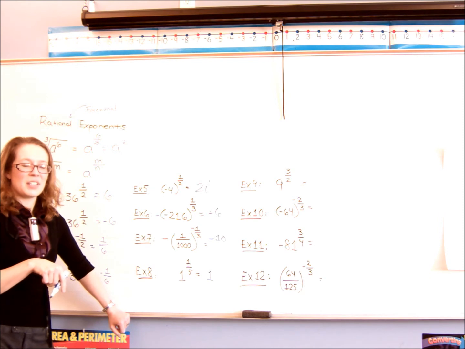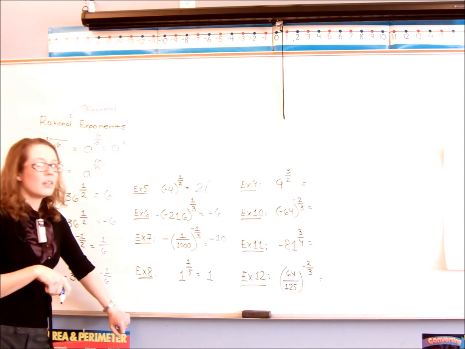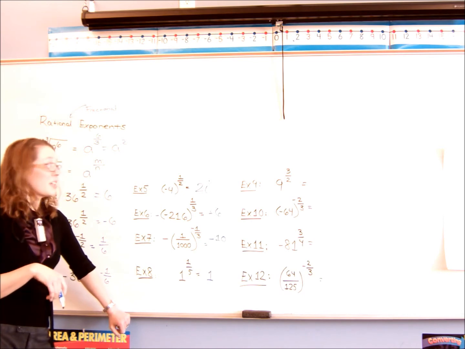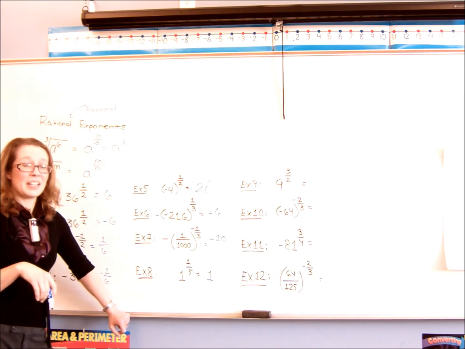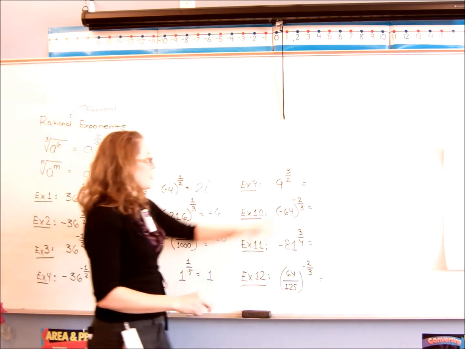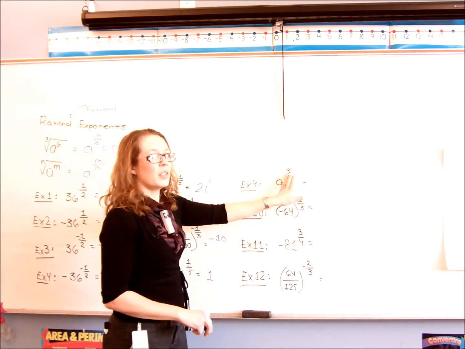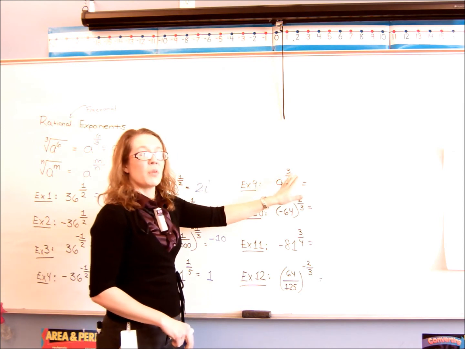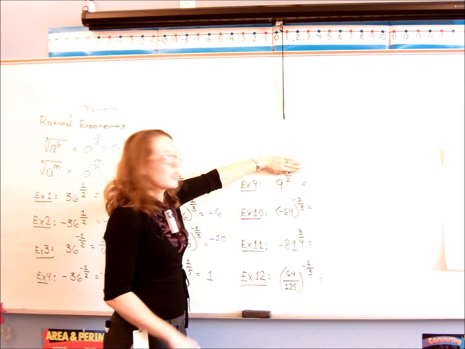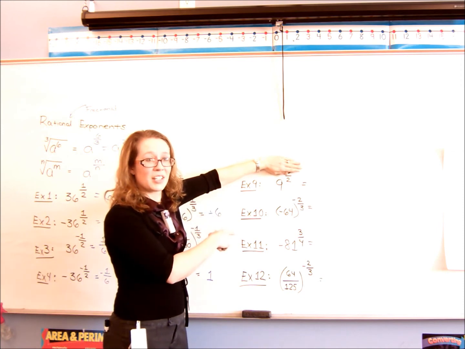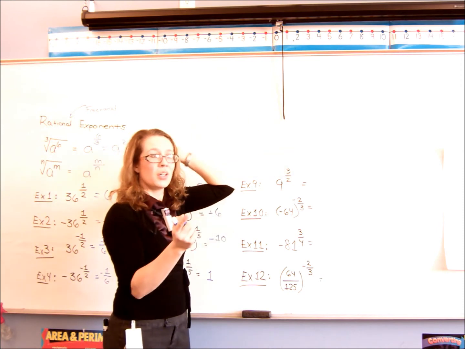How is that different from what we've been doing? The numerator is 3. The numerator is 3, so we've got to do something with it now, right? If I had covered this up, what would you read that as? 9 cubed. We're going to do the same thing, except first, we are going to take the square root, get that answer, and then we are going to cube it.